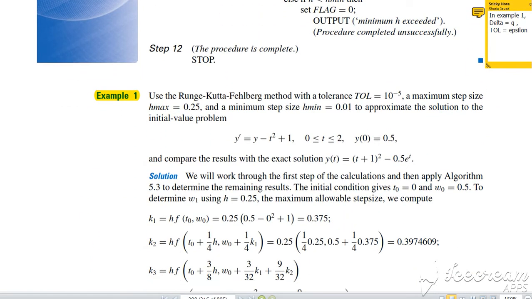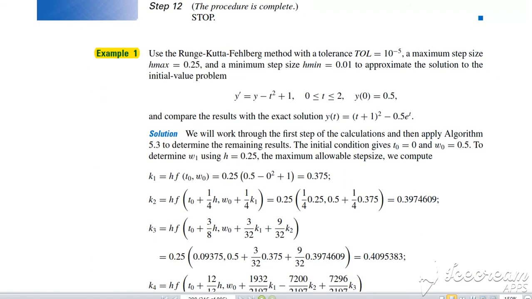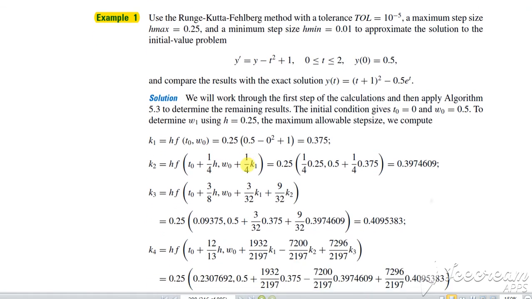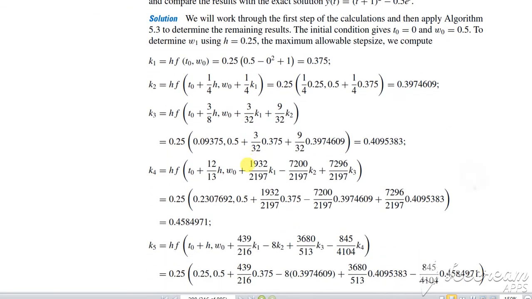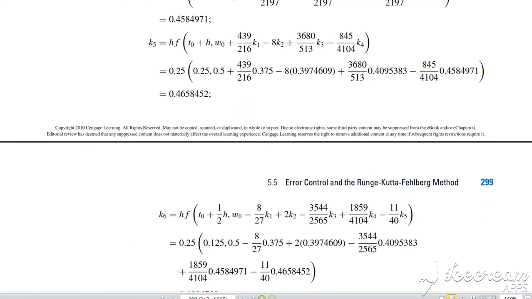In example 1, we started with the maximum value h maximum, which is equal to 0.25, and then using this value of h, we computed k1, k2, k3, k4, k5, and k6.